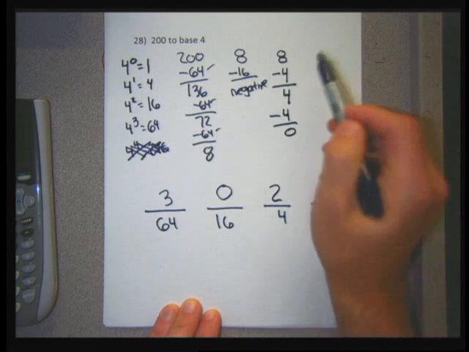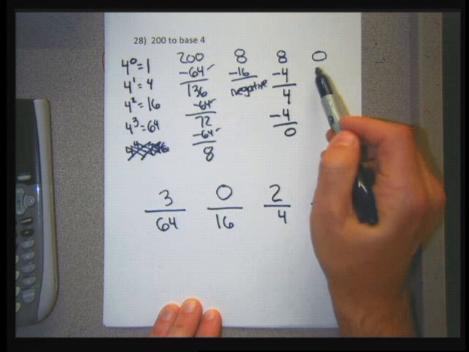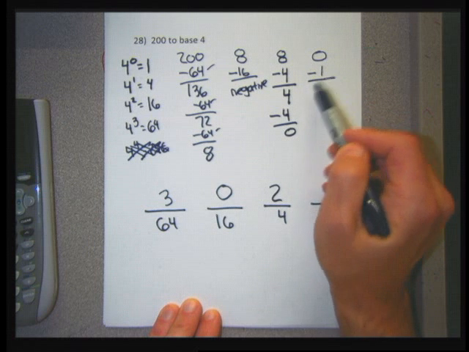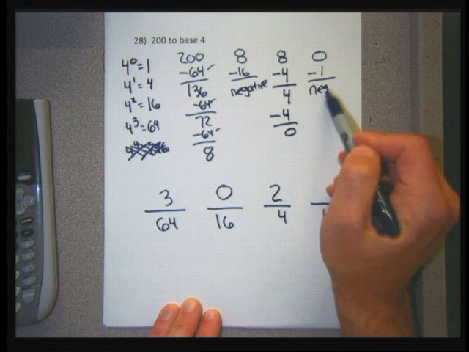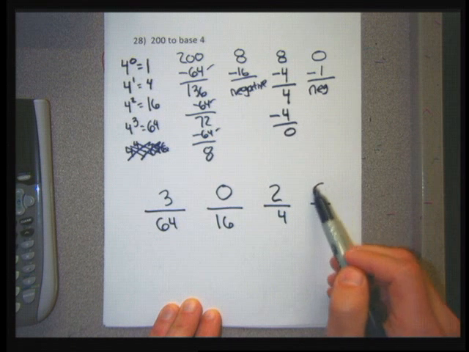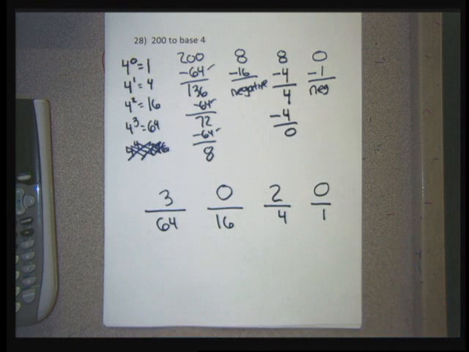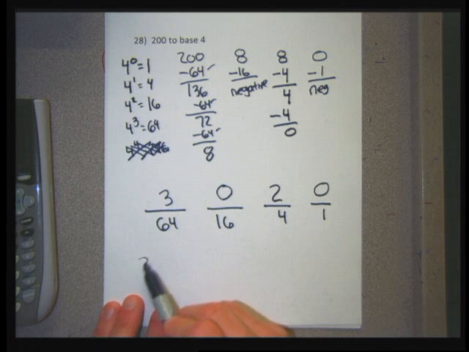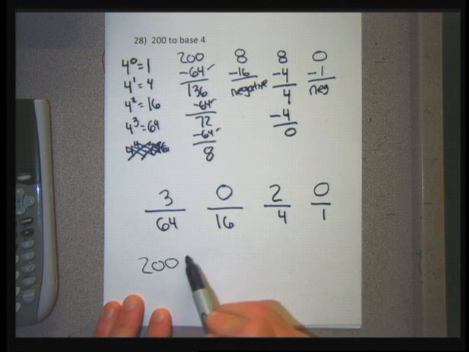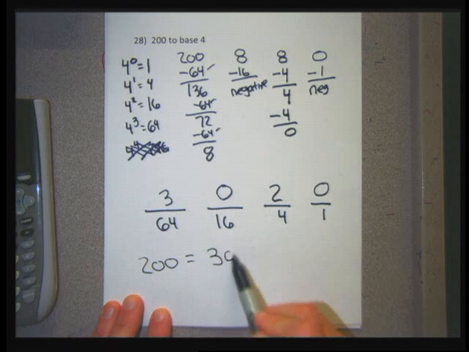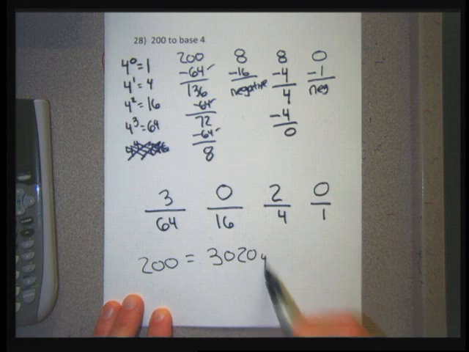Done with the 4, bring the 0 up. If I try to subtract 1 even one time, which is the next number, I get a negative number, so I'm not allowed to subtract 1. Above the 1, I'll write a 0 for the number of times I could subtract it. And I would say 200, which is the original number, is 3020 base 4.